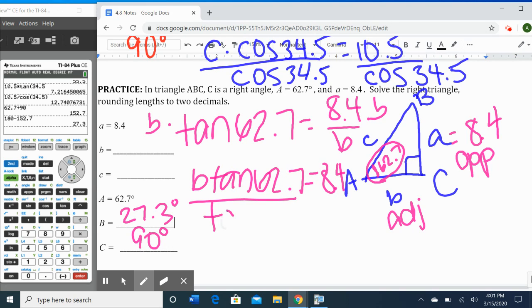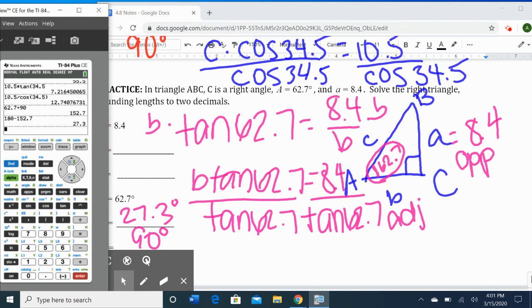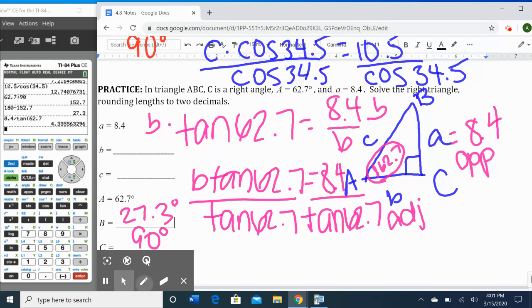When I divide by the tangent of 62.7, I get that side B is equal to 8.4 divided by the tangent of 62.7, which is 4.34.